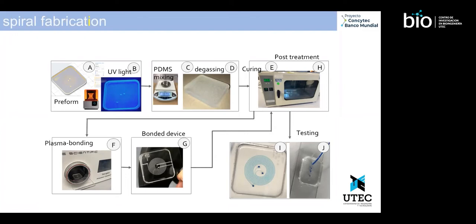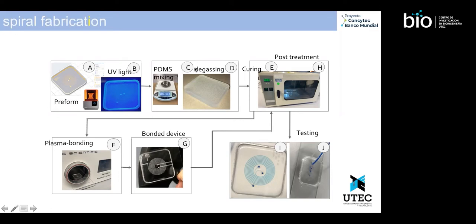So in an overview, we actually 3D print a mold, which is UV cured. Then we have something called PDMS, polydimethylsiloxane. It's like a silicone rubber.